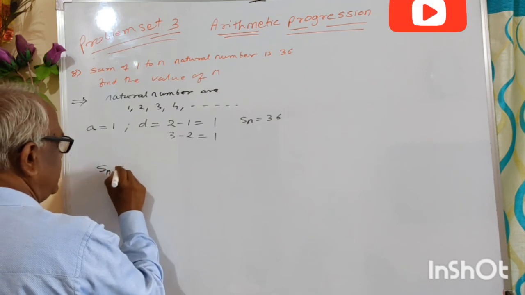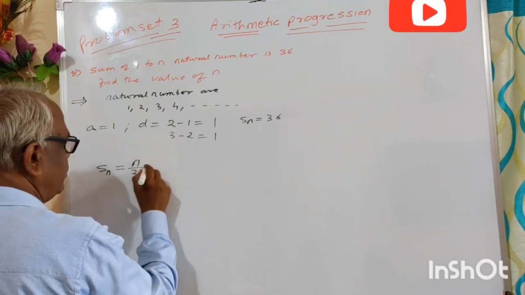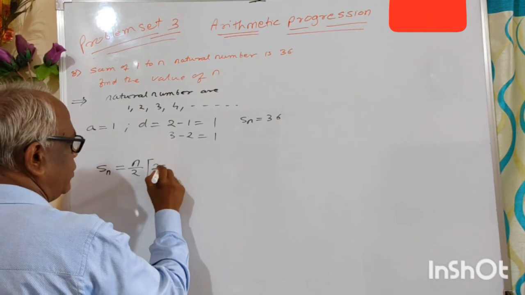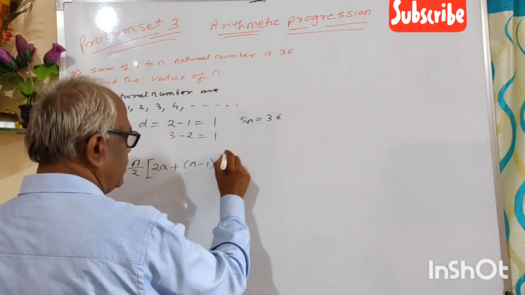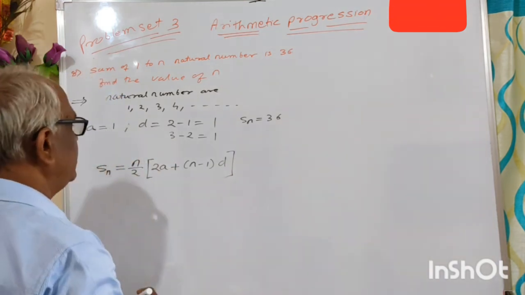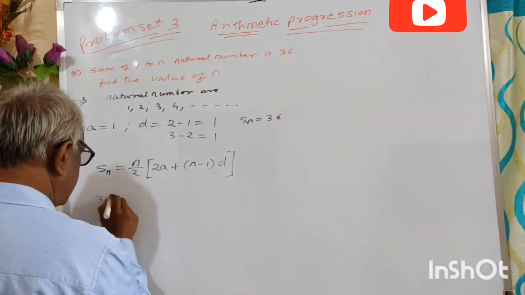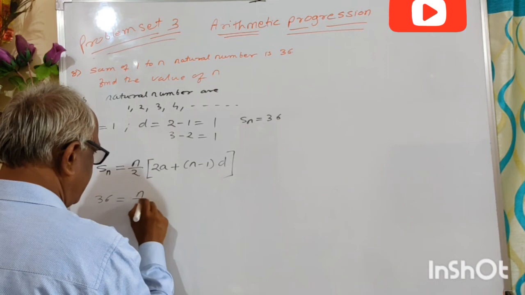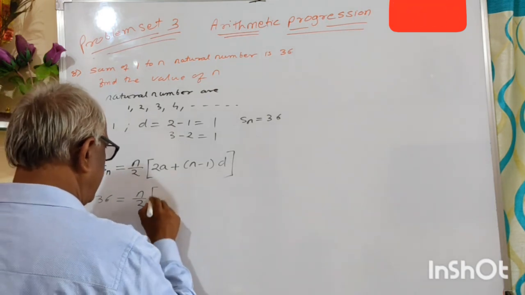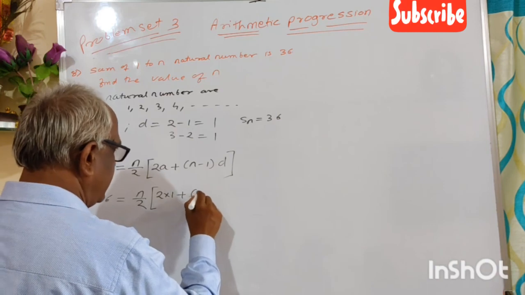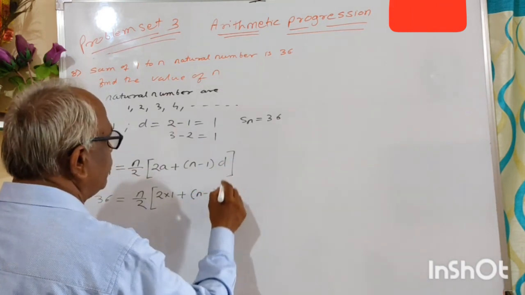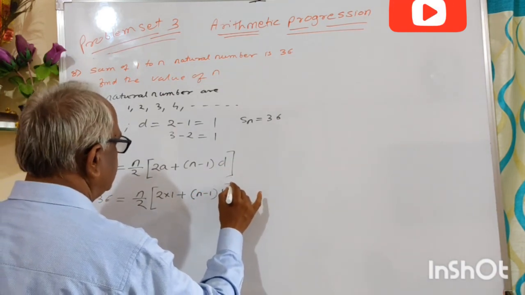Yes, Sn is equal to n upon 2 in bracket 2a plus in bracket n minus 1 into d. Now Sn is 36, which is equal to n upon 2 in bracket 2 into 1 plus in bracket n minus 1 into d is 1.